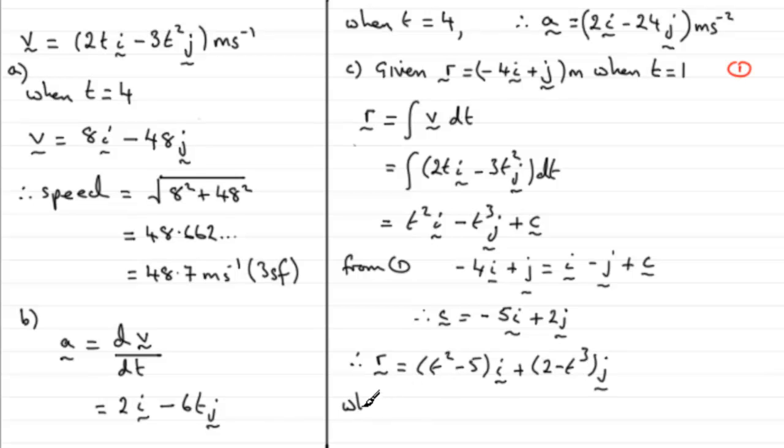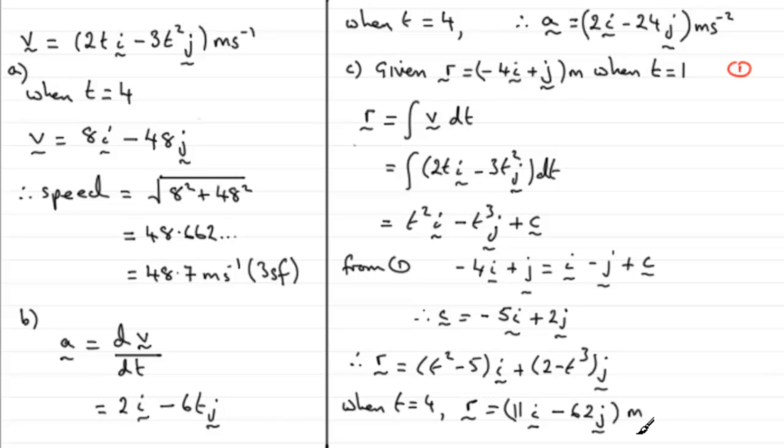So when t equals 4, what do we end up with for r? r equals, well, we've got here 4 4s are 16 minus 5, so that's going to be 11i, and when we put 4 in here, we've got 2 minus, what's that going to be? 2 minus 64, so it's going to give us minus 62j. Okay, and let's just put brackets around that and write the meters there.